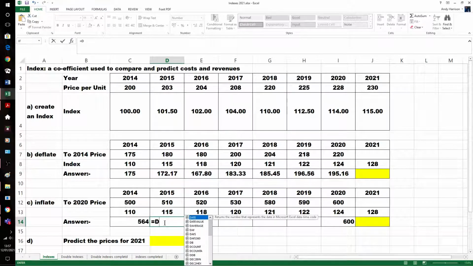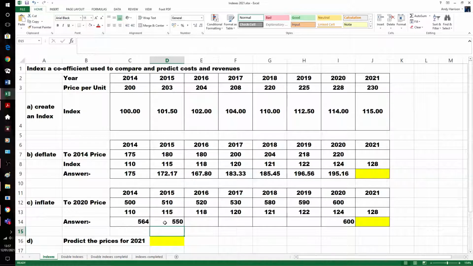Again, times it by. Again, another good value. Let's put the dollar signs in. So the constant is now the I13.